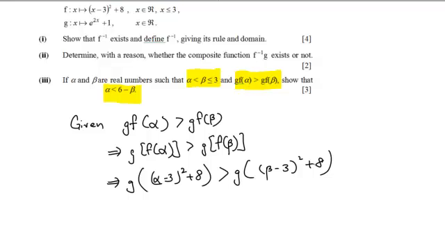Replacing all the x in gx by alpha minus 3 squared plus 8, we get e to the power of 2 alpha minus 3 squared plus 8 is more than e to the power of 2 beta minus 3 squared plus 8.